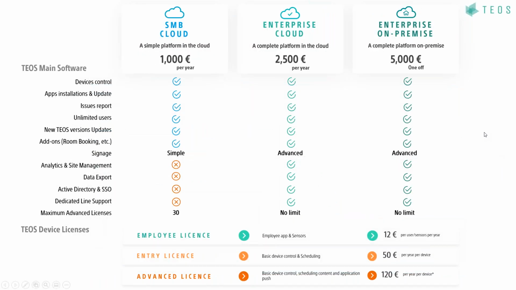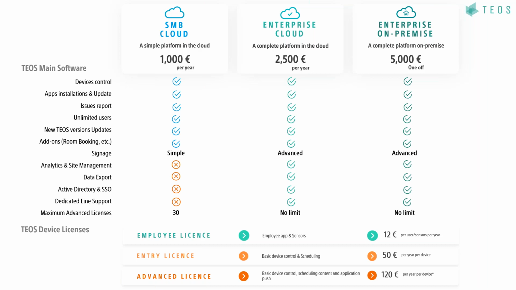All of this is, of course, available now in TEOS and can be purchased for any type of project. As we have presented you last week, we are providing 3 different offers. A basic one, which is really our SMB cloud for 1,000 euros per year. And then, of course, the enterprise options with the full options and the full everything which is available in the platform.